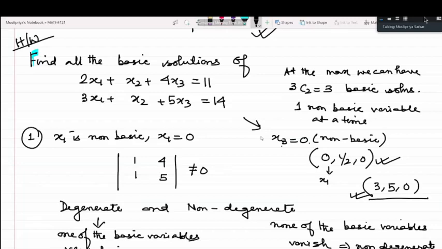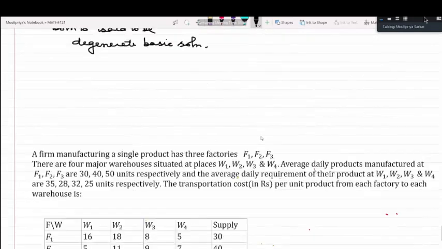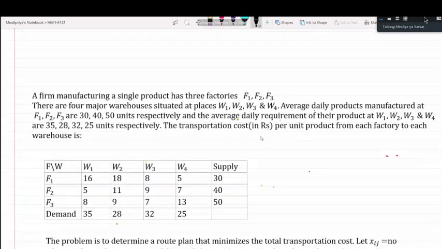The other day I told you that we can have a unique solution, infinitely many solutions, no solution, or an unbounded solution. Can I say that you have understood this so far? Yes, ma'am. Okay, fine.